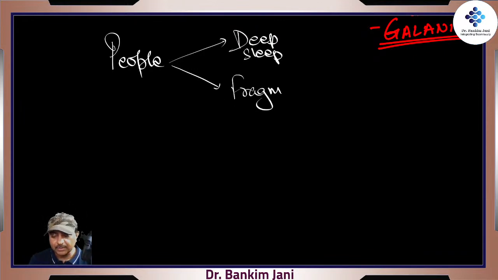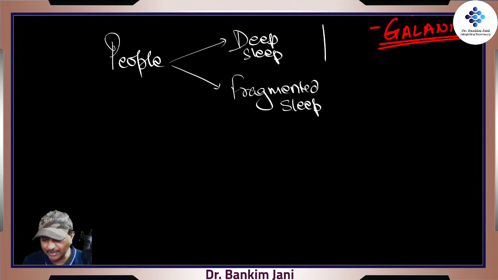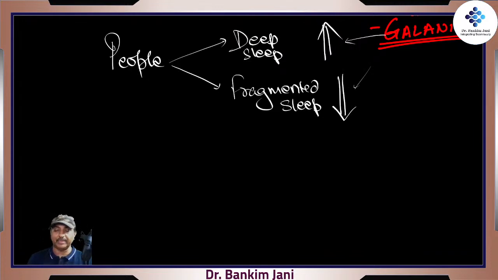Slight voice, slight noise, and immediately they'll wake up. Arey kya hua? That sort of thing. This is because of that galanin. When the galanin is more, the person goes into deep sleep. When galanin is relatively less, that leads to fragmented sleep. So that's the reason people have so much variation.